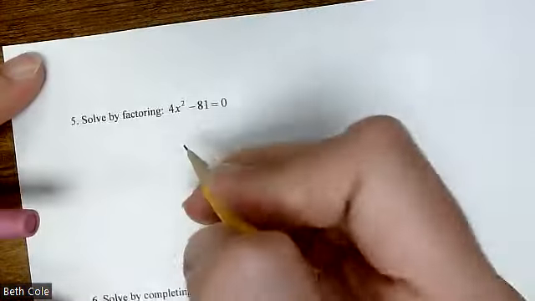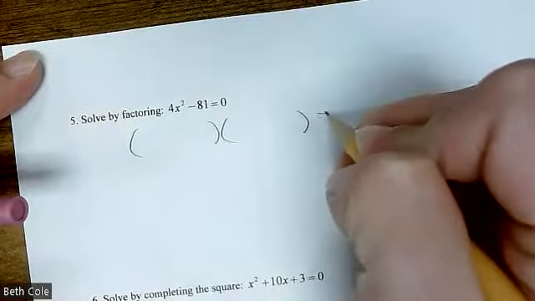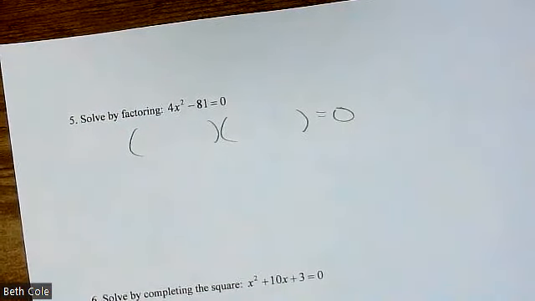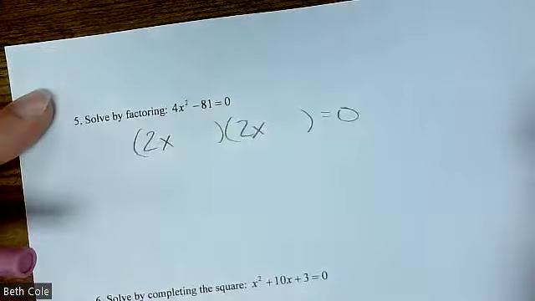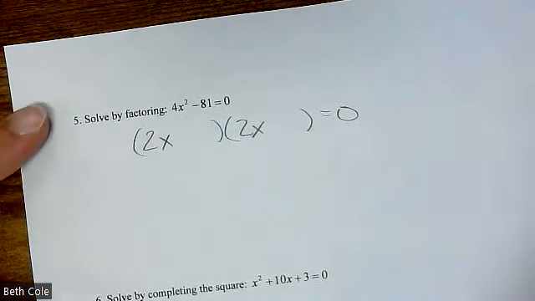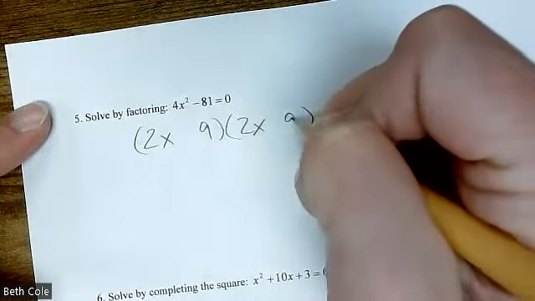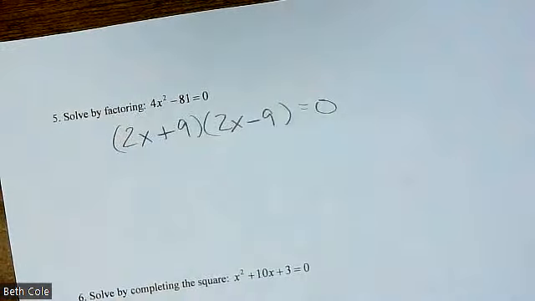All right, so this one, draw your two sets of parentheses. How are you going to split 4x squared? 2 and 2. And then 81. Yeah, 9s, and then 1 plus and 1 minus. It doesn't matter which one you make which, because it's the same thing.